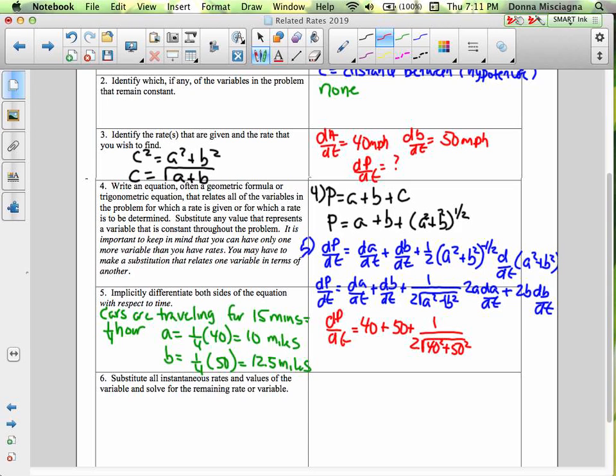Couldn't give us Pythagorean triples. Times 2, and actually this should be in parentheses.